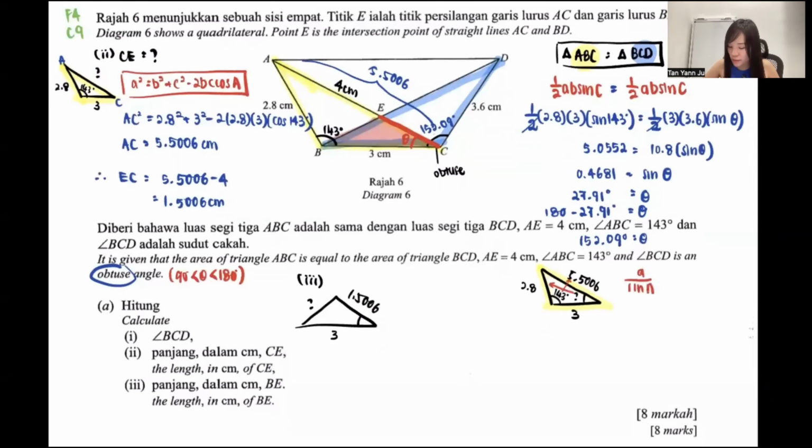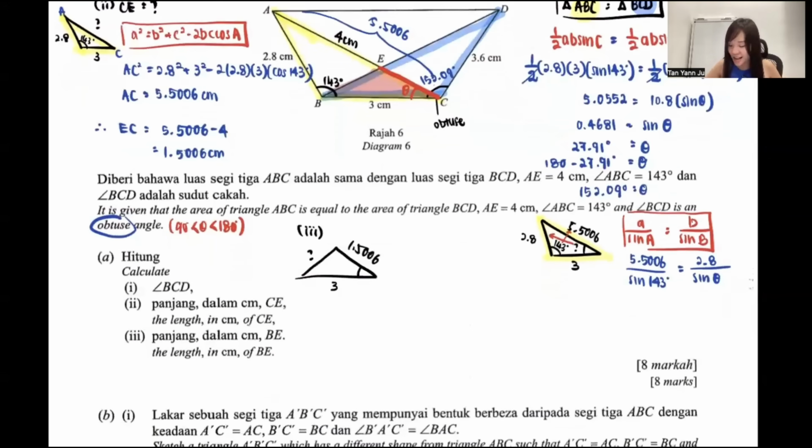Whenever you have two opposites, you can use the sine rule. First, 5.5006 is opposite 143 degrees. Another, 2.8 cm, is opposite the question mark, which is sine theta. So I cross multiply: 5.5006 times sine theta equals 2.8 times sine 143, which is 1.6851.